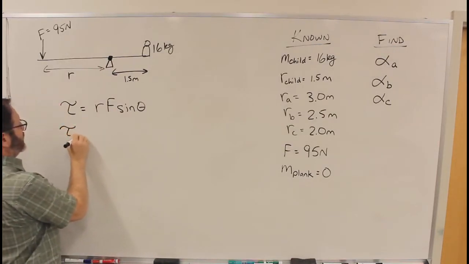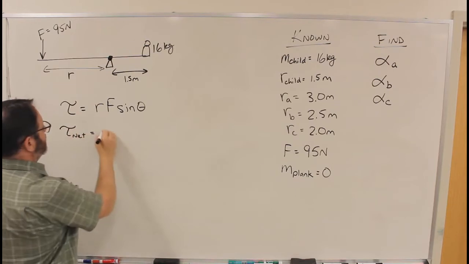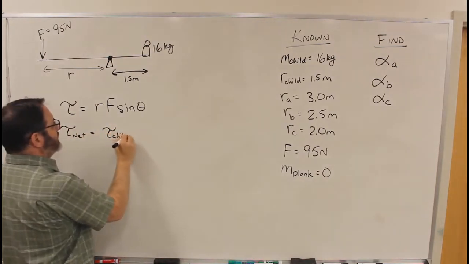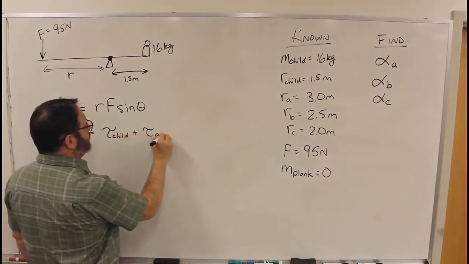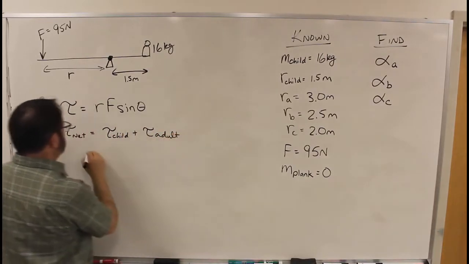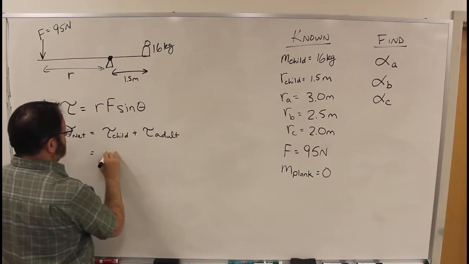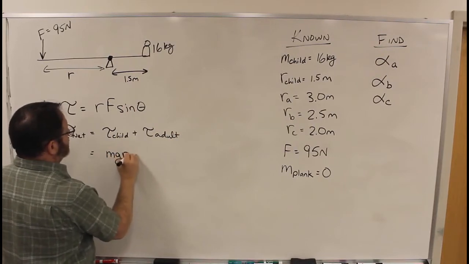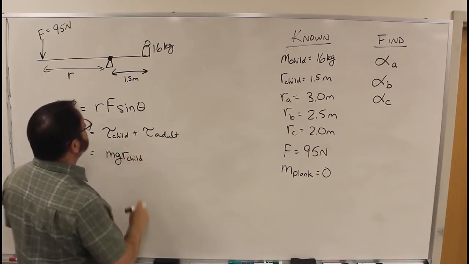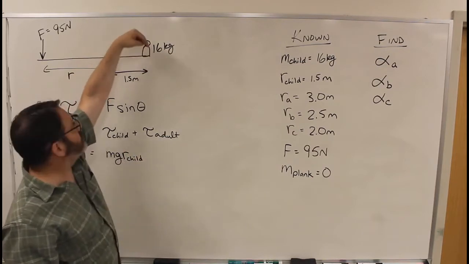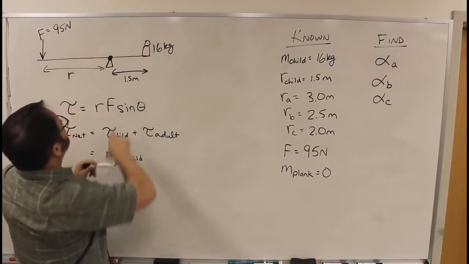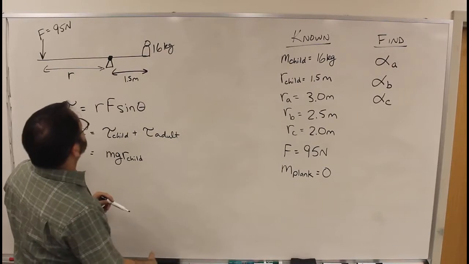So, net torque is the torque from the child plus the torque from the adult. And that is torque from the child, m g r child. And the gravitational force is going to push that way, so that's this direction.